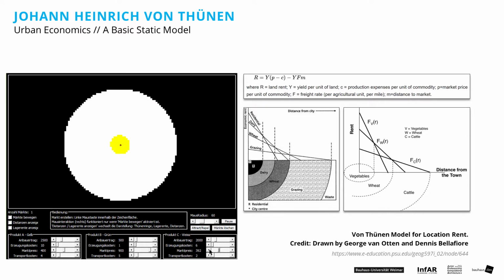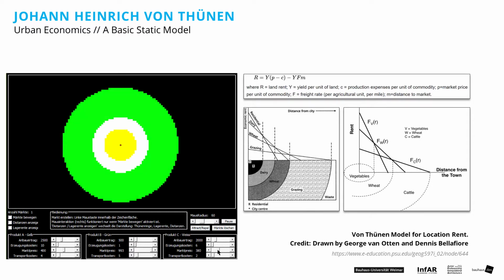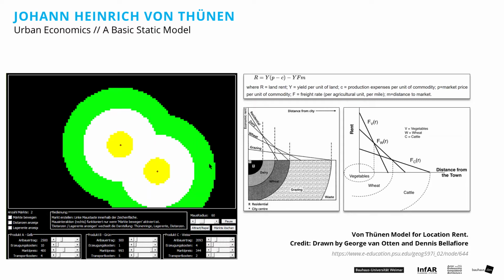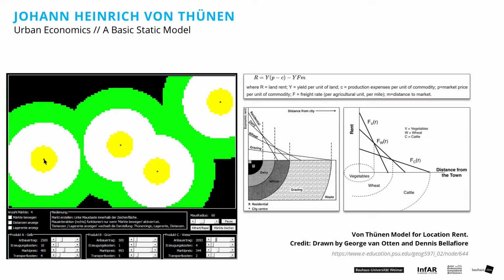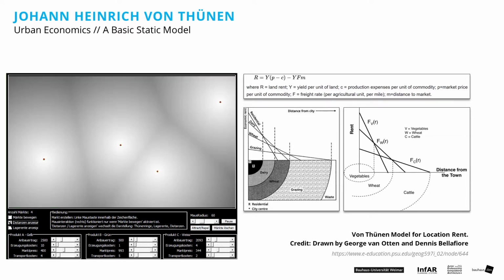The original model generated 4 concentric rings, as you can see in the illustration as well, of agricultural activity. For example, dairying and intensive farming lies closest to the city. Since vegetables, fruit, milk and other dairy products must get to the market quickly, they would be produced close to the city.